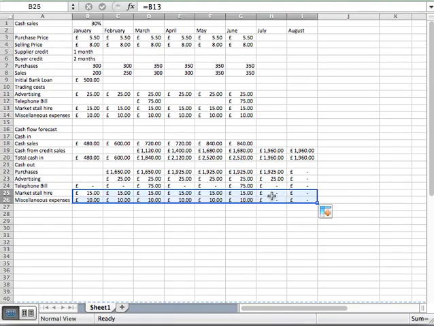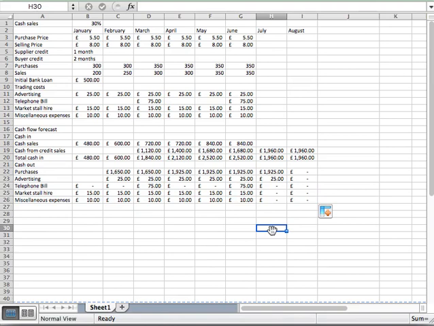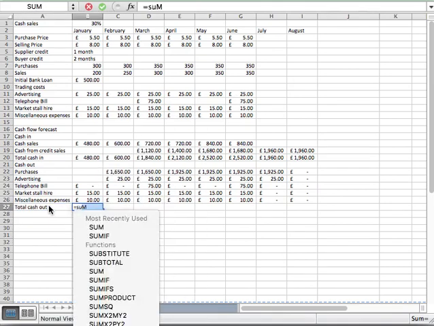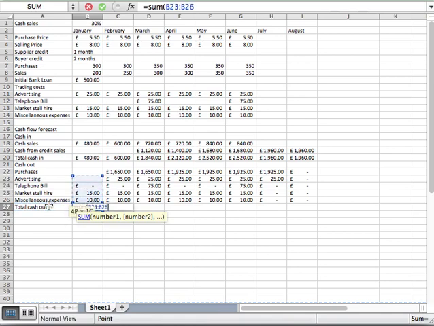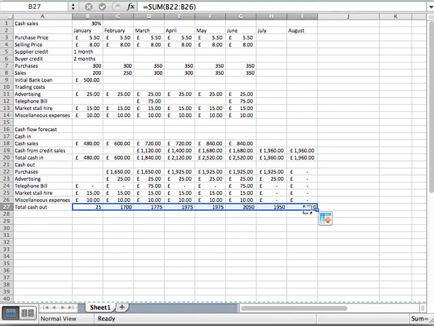And again, because we're not looking at transactions after June here, we get zeros. So that's all of our cash out. So total cash out equals the sum of all of these up to purchases. Copy that all the way across to August and convert it to money.